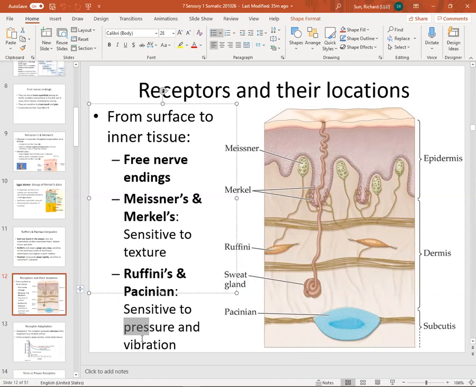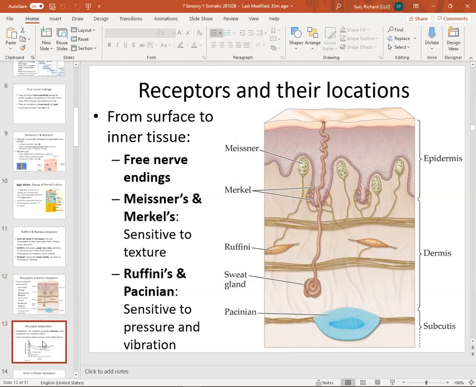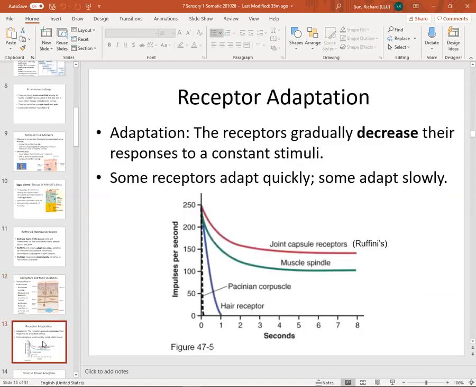The constant pressure will be felt by the Ruffini. The vibration, that is the changes of the on-off, can be detected by the Pacinian. So all this can be viewed as different depths in the skin, as well as different adaptation.